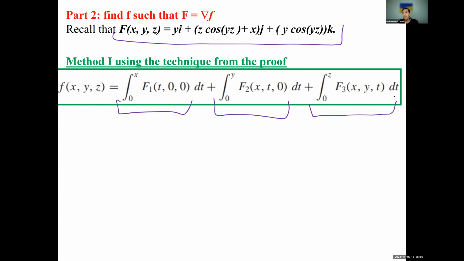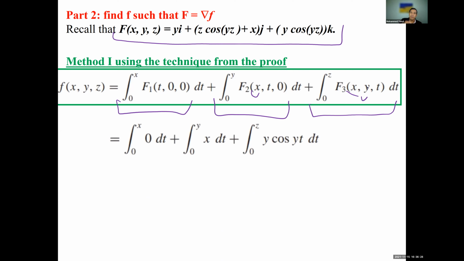However, this is not always recommended because these integrals can be complex. You see here we have x, here we have x and y, which can be a little complex to work with. If it works, like in this case, go ahead. However, we have a better method that works all the time. So this is just for your information.